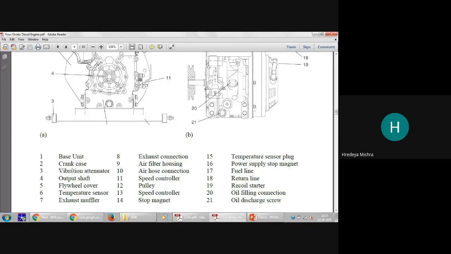Second, crankcase, vibration, output shaft, flywheel, temperature sensor, exhaust muffler, exhaust connection, air filter housing, air hose connection, speed control, pulley, speed control, stop magnet, temperature sensor plug, power supply stop magnet, fuel line, return line, recoil starter, oil filling connection, oil discharge screw. So these are the parts.